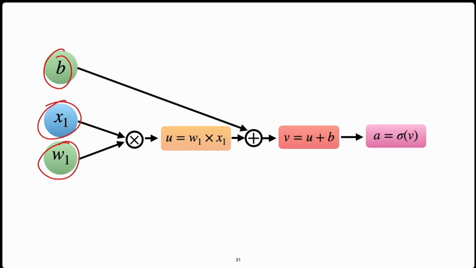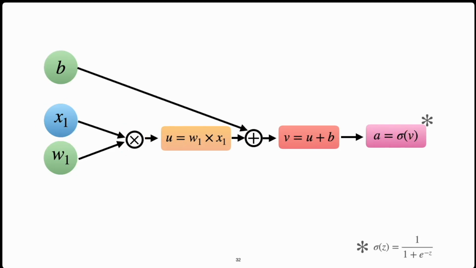First we multiply x1 with w1, and we save the result in a temporary variable which we call u. Then we take u and add the bias to it, and we save the result of u plus b as a temporary variable v. And then lastly, we apply this sigmoid function to v and get the output a.